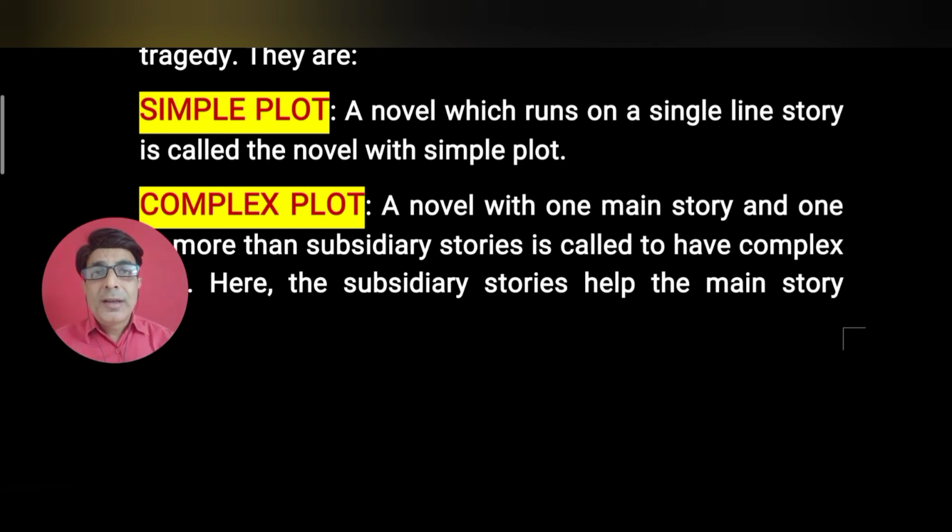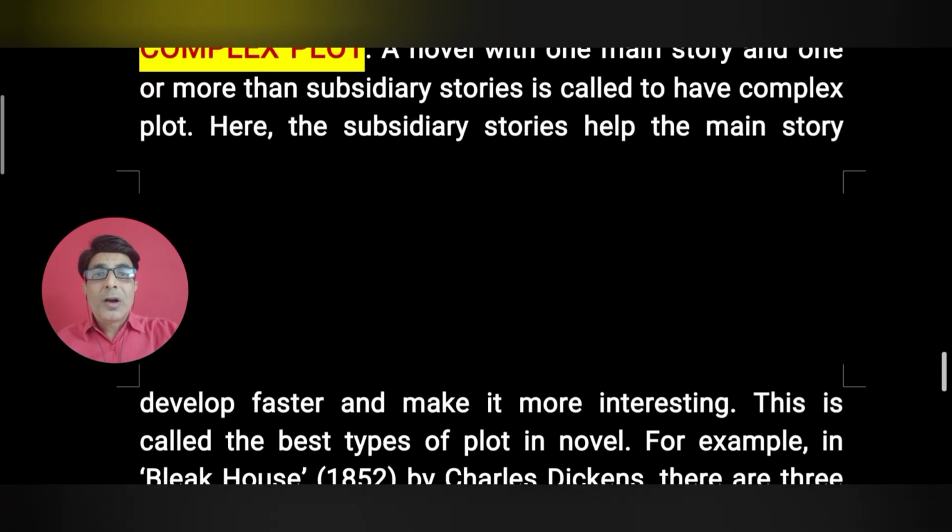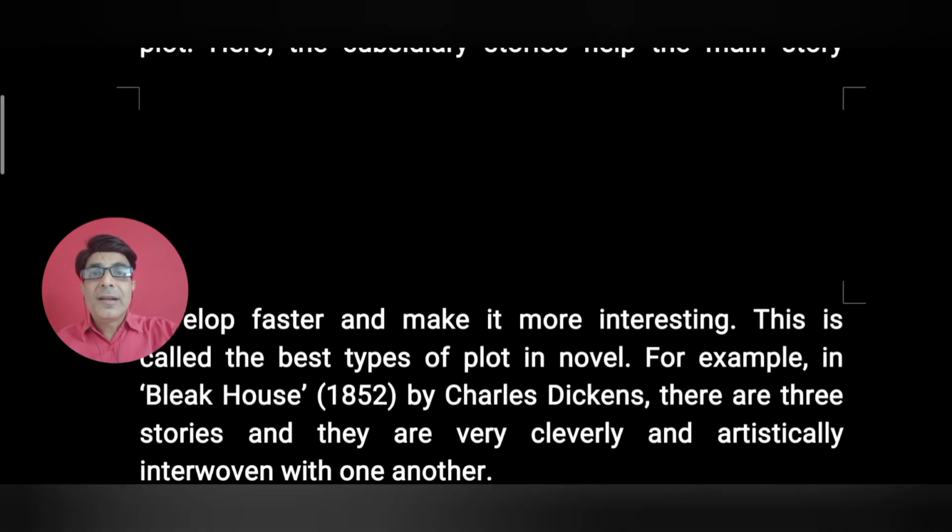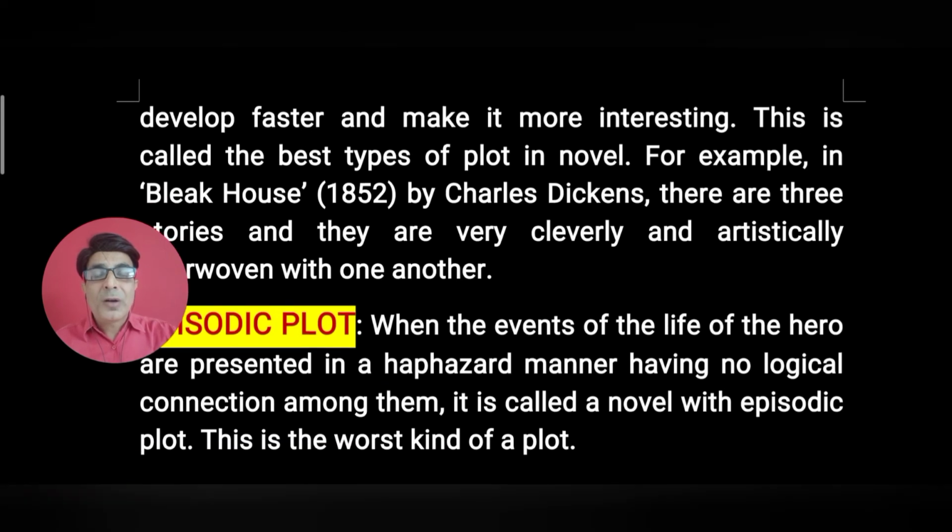That is called the complex plot. Here these subsidiary plots, which are going in parallel to the main story, actually help the main story to develop faster. That's why complex plots are considered the best kinds of plots in English literature.